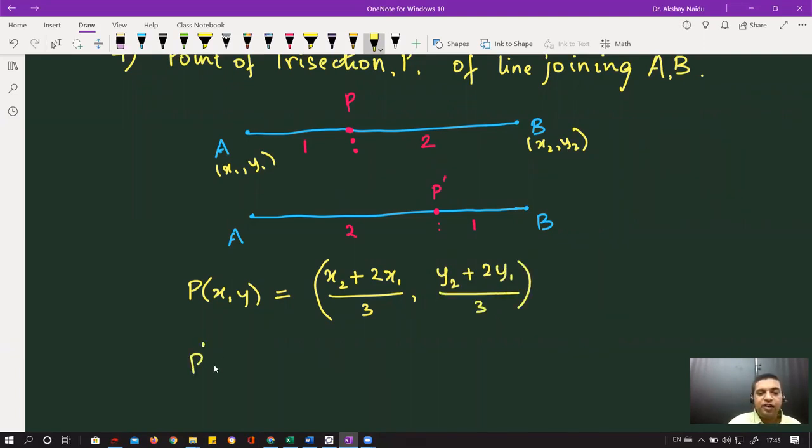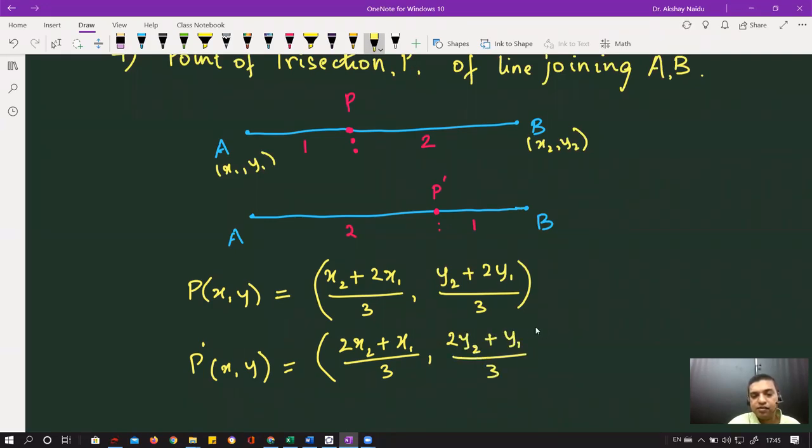The second point of trisection in 2:1 ratio will be (2 times x2 plus 1 times x1) by (2 plus 1), 3. Again (2 times y2 plus 1 times y1) by (2 plus 1), so 3. So these are the points of trisection.